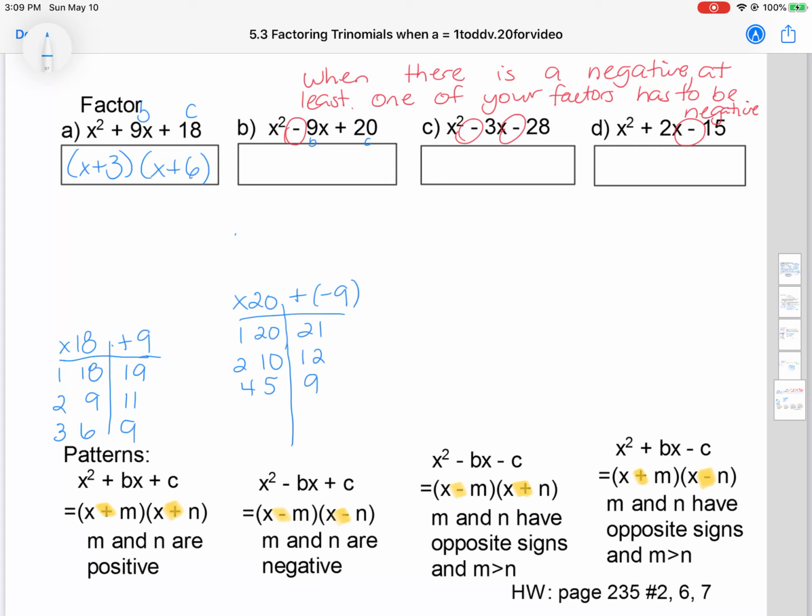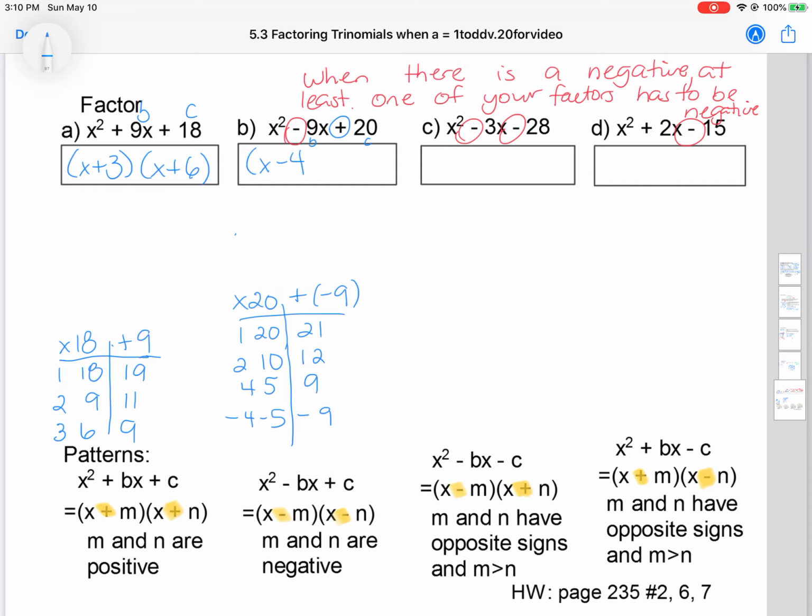So how do we get negative 9? When you're doing the homework, I'm not going to go all the way back up to 1 and 20 and make those numbers negative. That's a waste of time. If you do negative 4 and negative 5, they give you a positive 20, and that's going to give you negative 9.